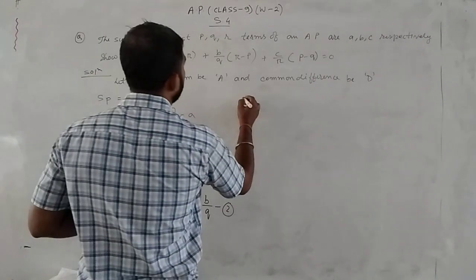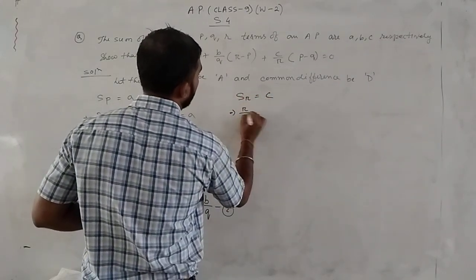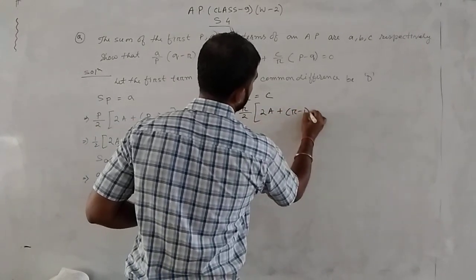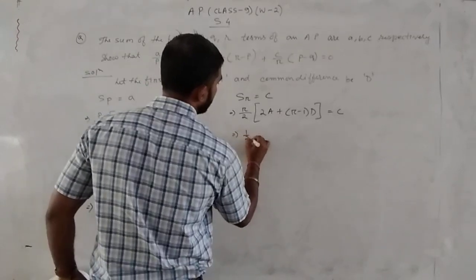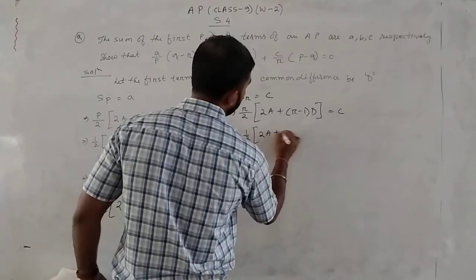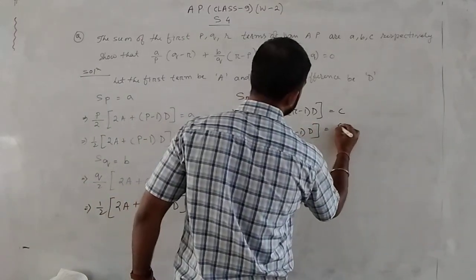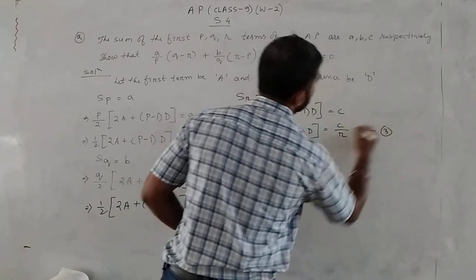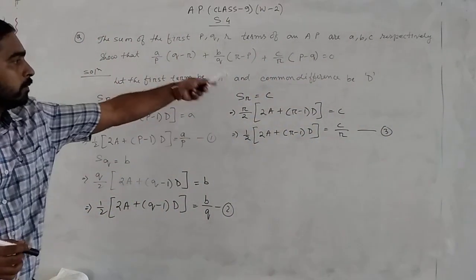And then SR equals C. SR formula: R by 2 into twice A plus R minus 1 D equals C. So 1 by 2 into twice A plus R minus 1 D equals C by R. That is equation number 3. Yes, we got A by P, B by Q and C by R.